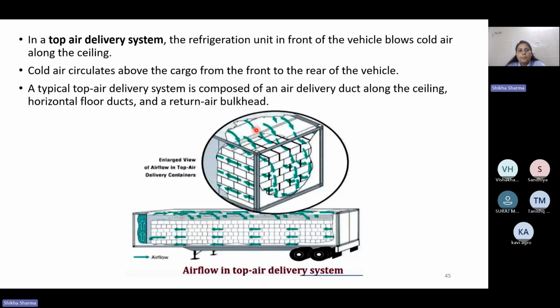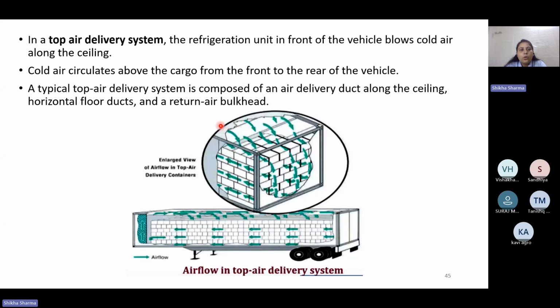So 1, 2, and 3 are correct for the top delivery system, which looks like this. The refrigeration unit in front of the vehicle blows cold air along the ceiling. From the ceiling to the floor, from top to bottom, the movement of air will be there.